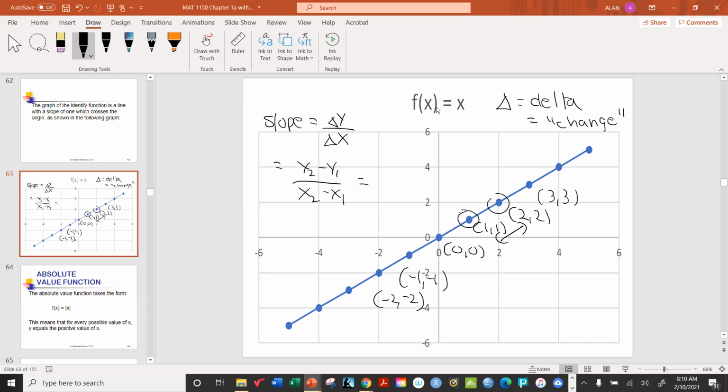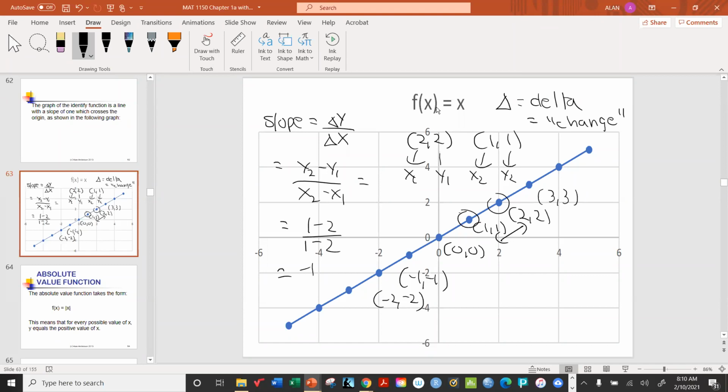So let's say I do pick these 2 points. I have 2, 2. Think of this as x1 and y1. And then I have 1, 1 for my second point. Think of this as x2 and y2. Now, by plugging those into this formula, you can see that I've got 1 minus 2 over 1 minus 2.